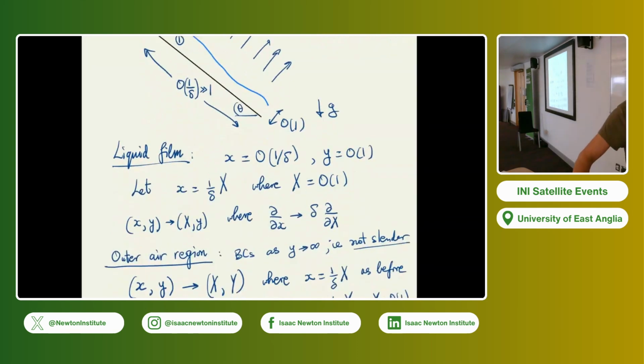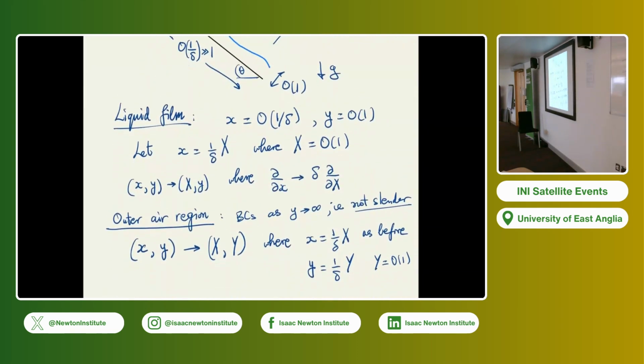So in the liquid film, I need to take the Navier-Stokes equations, state the full equations of motion, and change variables so that x is big X over delta, because I need a stretched variable.